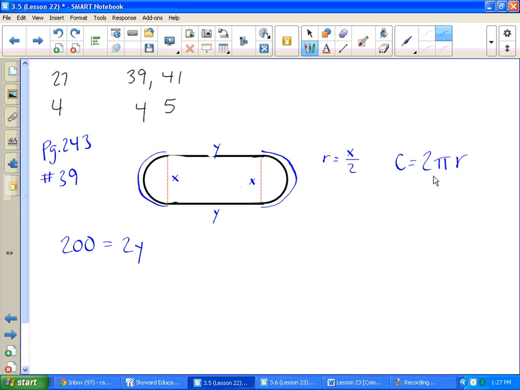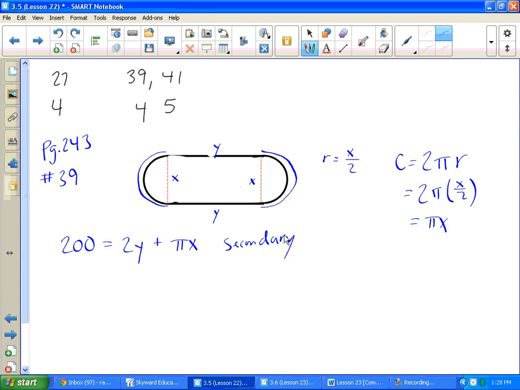And instead of r, what am I going to put in that spot? Not x, but X over 2. And the 2's cancel, so my circumference is just pi x. So this is just going to become plus pi x. So is this my primary or secondary? Secondary.